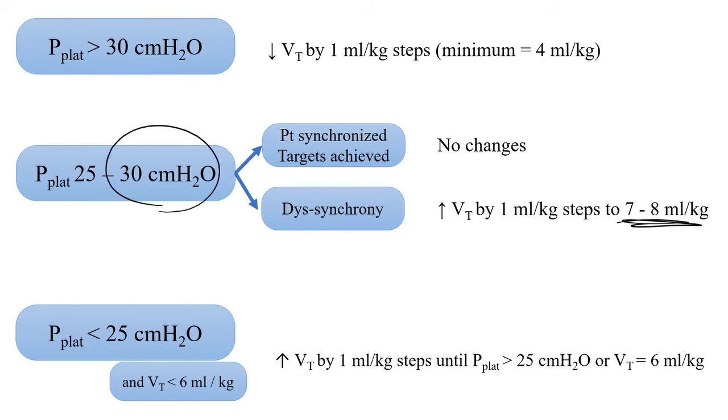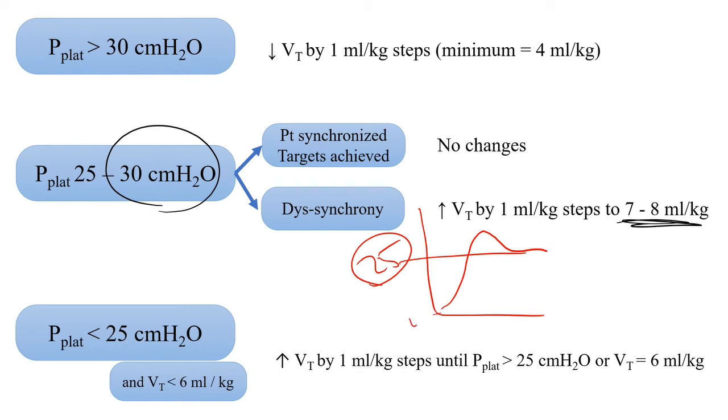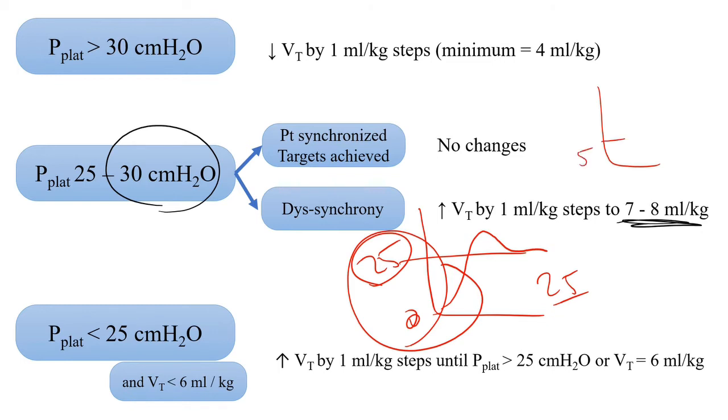But consider not only the plateau pressure, because if you have a patient with a plateau pressure of 25 and his PEEP is 0, this is not within the target, because his driving pressure is 25. So if a patient has a PEEP of only 5, his maximum plateau pressure should be 20, not 30.